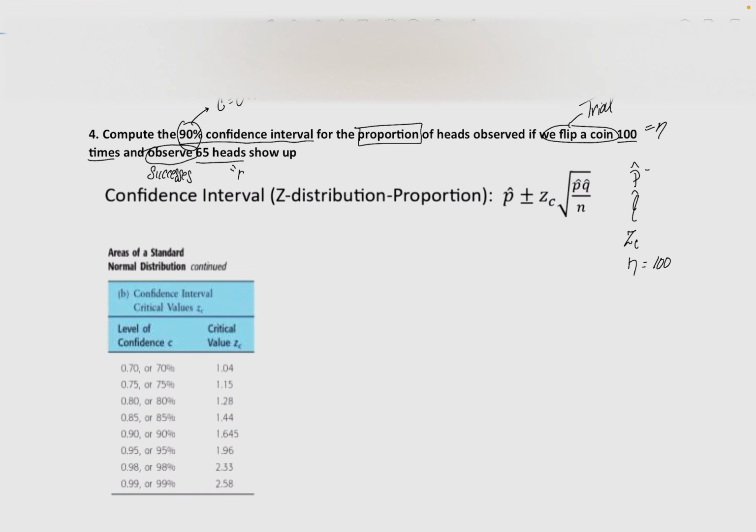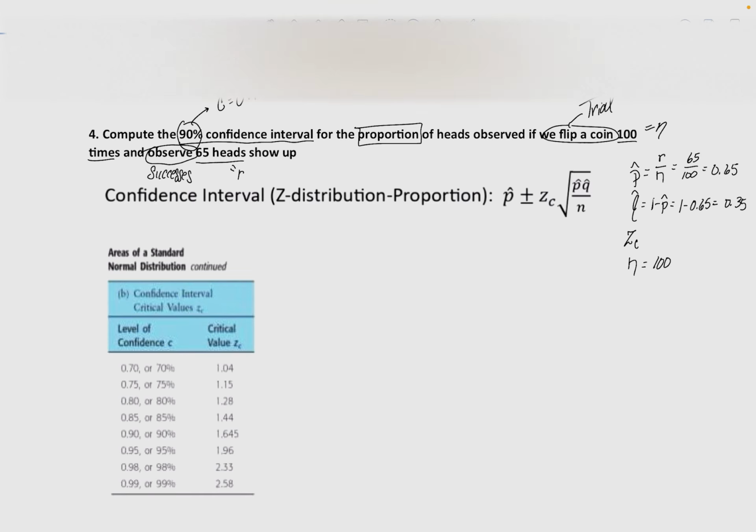We know that the equation for p hat is going to be r over n, where r is the number of successes that we have and n is the sample size. So we are going to do 65 over 100 here and get 0.65. We know that q hat is the complement of p hat. So this is going to be 1 minus 0.65, and that should give you 0.35.